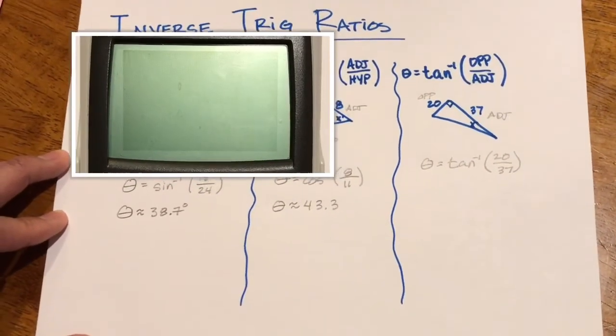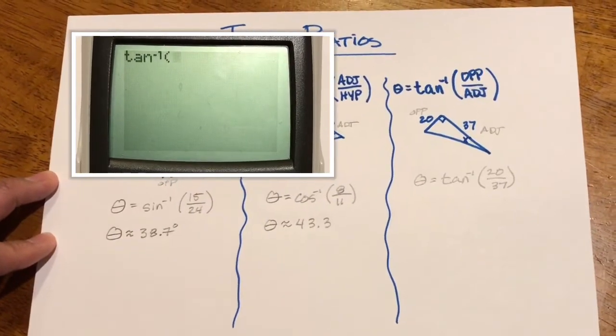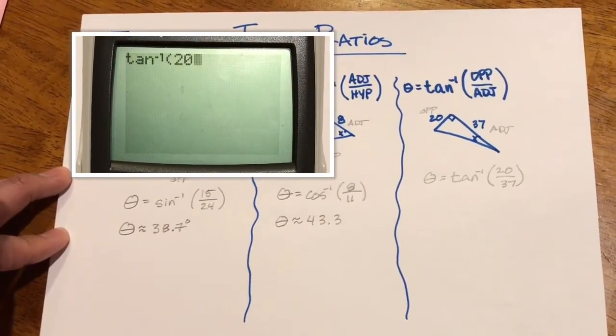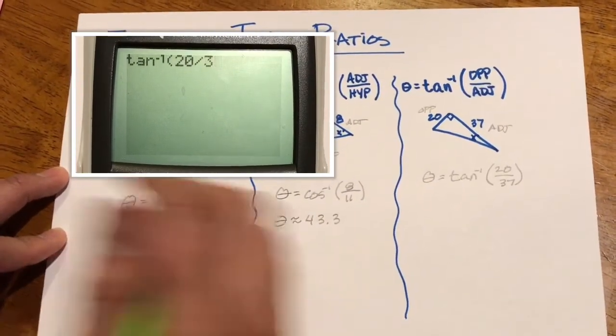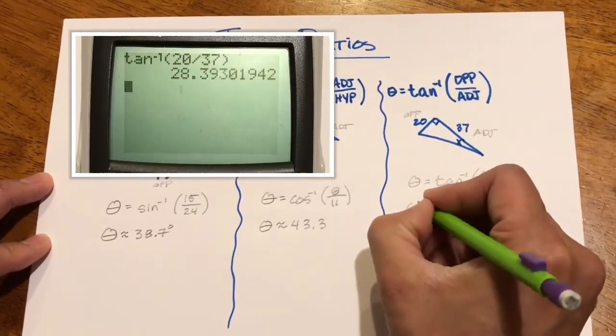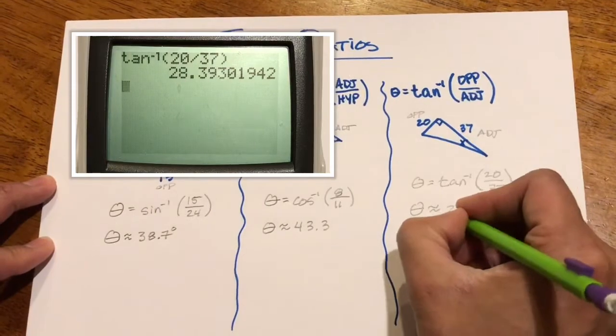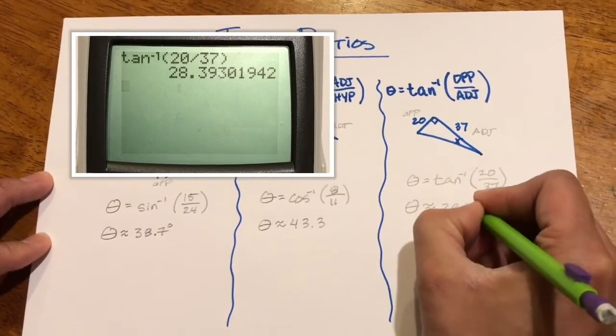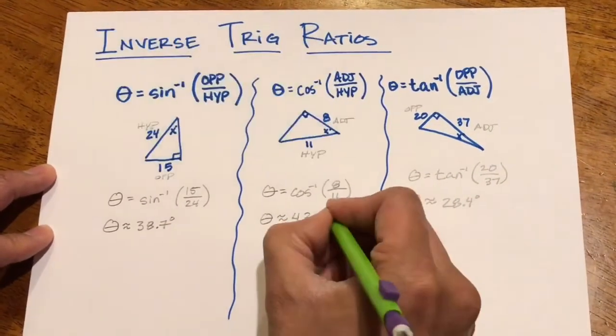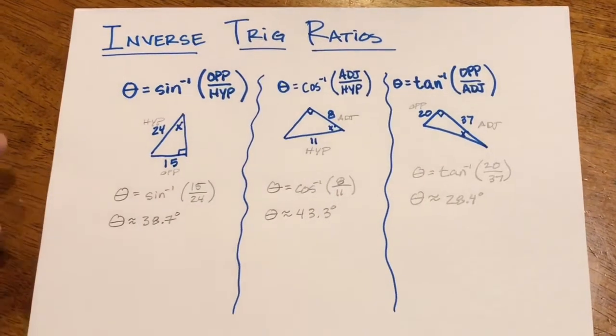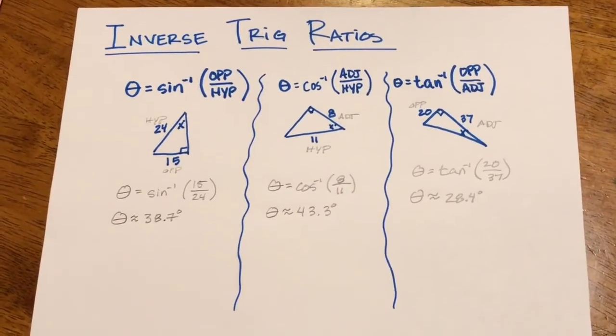Plug it into your calculator. Tangent inverse 20 divided by 37, and we see that theta is approximately 28.4 degrees. Oops, forgot degrees there too. And that is inverse trig.